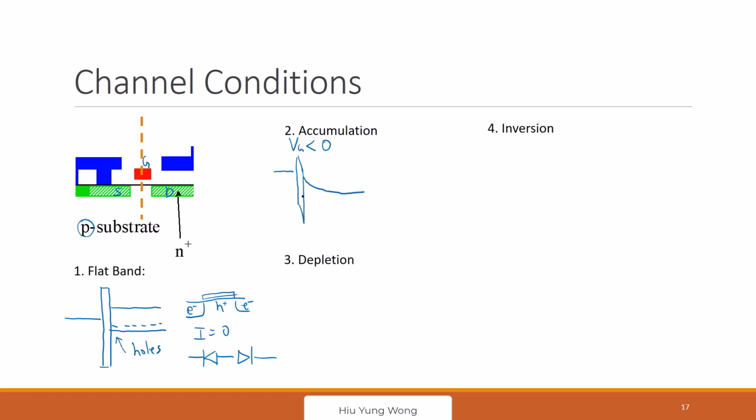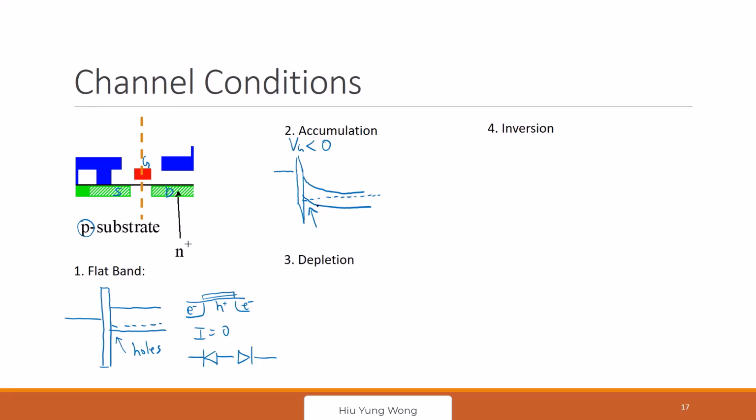If you don't know how to draw it, that's okay, because this is not a device class, but I want you to appreciate what's going on here. What do I have here, electron or hole at the surface? You see the Fermi level is below the valence band. Do I have electron or hole?